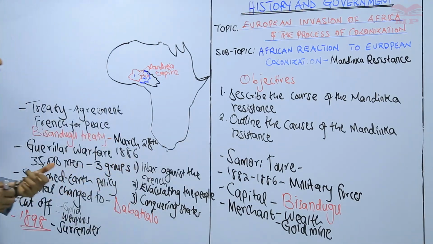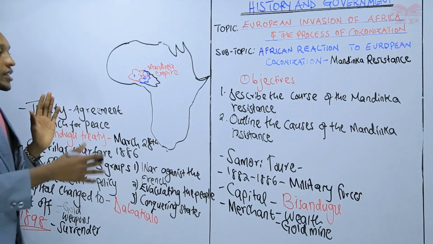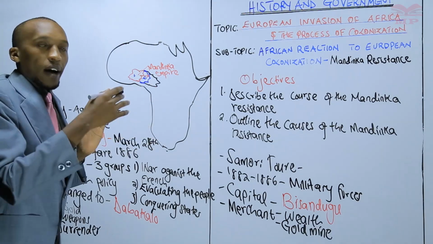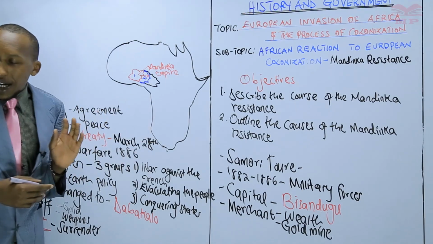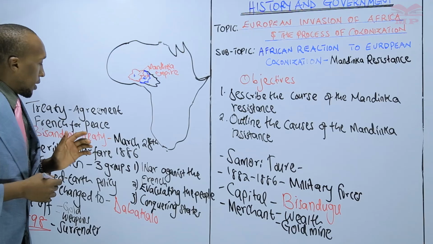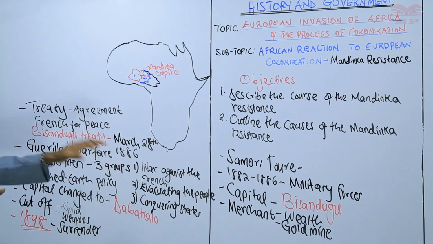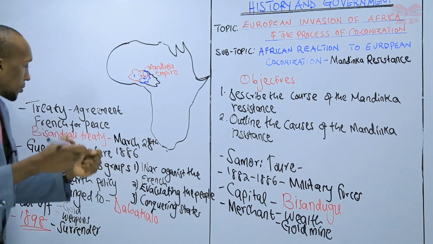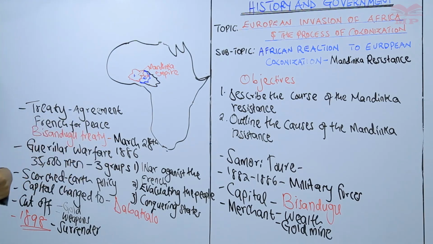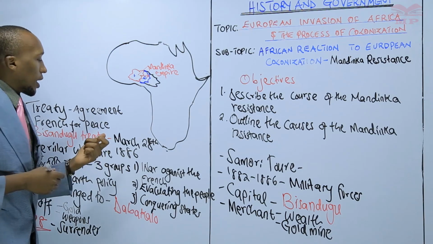But one thing I want you to note, my dear learner, Samori Ture put on a very long fight or a very long resistance. The fight started in 1891. The physical armed struggle, the guerrilla warfare, started in 1891.